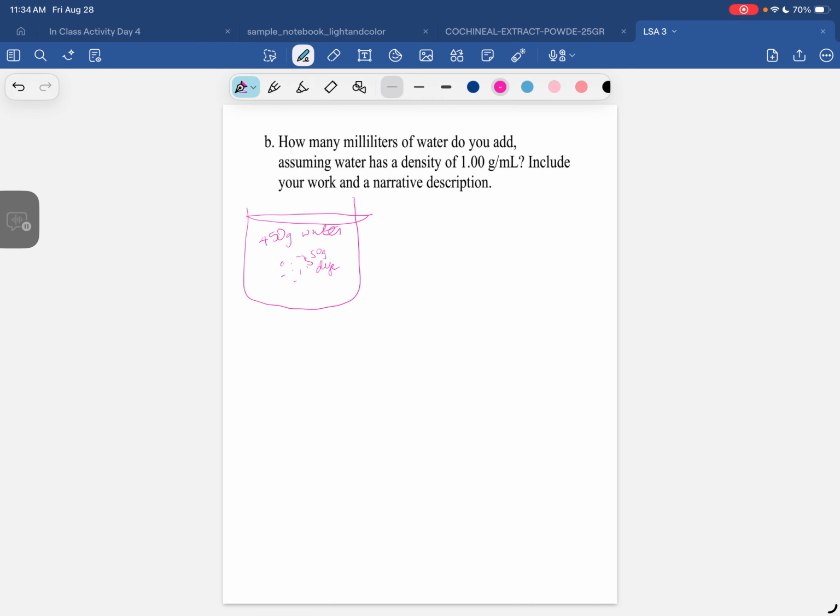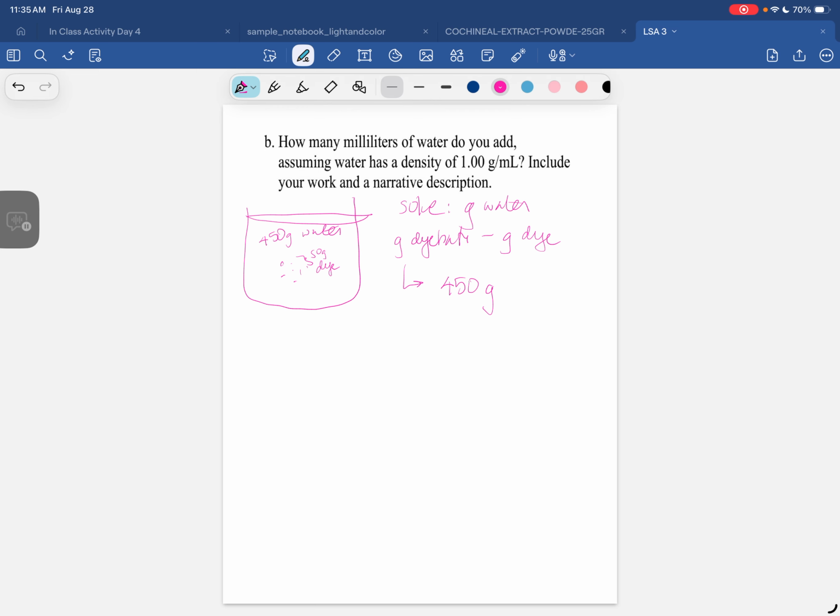So in this problem, if you didn't already solve, you would solve for grams of water, which you would get from grams of dye bath minus grams of dye. And we know that that's 450 grams. Now, a lot of the time, in theory, it would be perfectly fine to just stop here and be like, okay, 450 grams of my dye bath was from that.